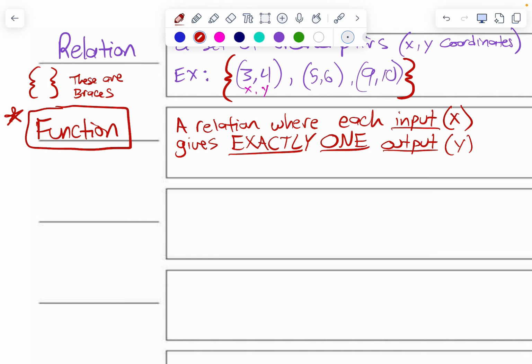So in this, we take a relation. Remember we said a relation is just a bunch of ordered pairs. Inputs and outputs, we could also say. A function now narrows that down to say, well, each input can only give one output.